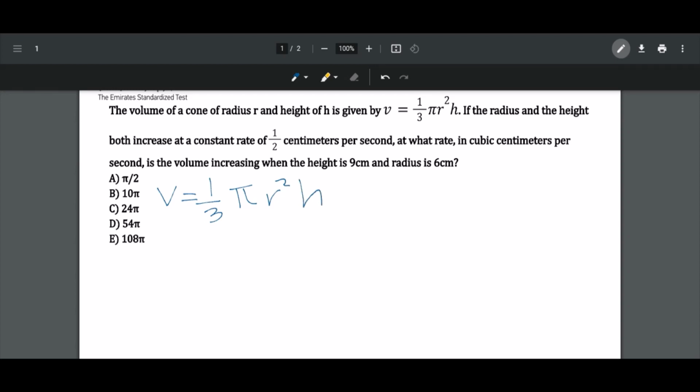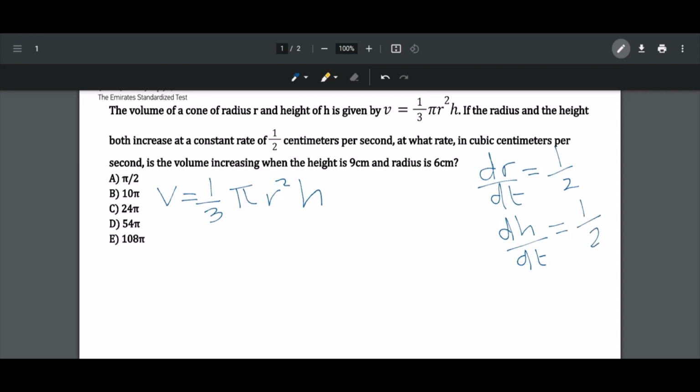What is also given: the radius and the height both increase at a constant rate of 1 over 2 centimeter per second, which means dr over dt equals 1 over 2, and dh over dt equals 1 over 2.